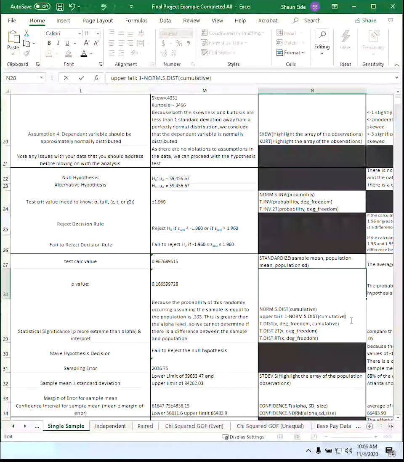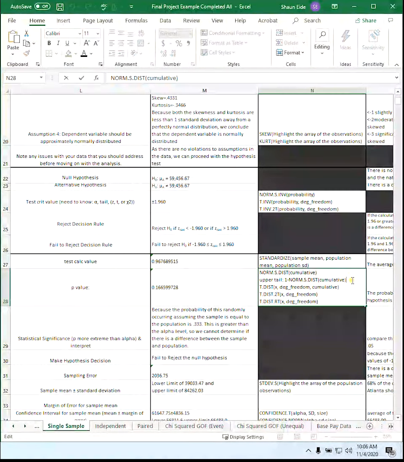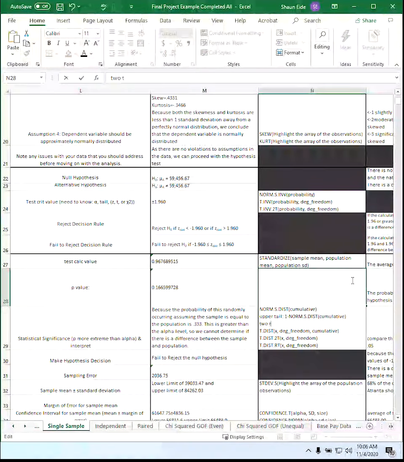And then for the two-tail test, you are going to do 1 minus NORM.S.DIST, cumulative, and then you're going to multiply it by 2.